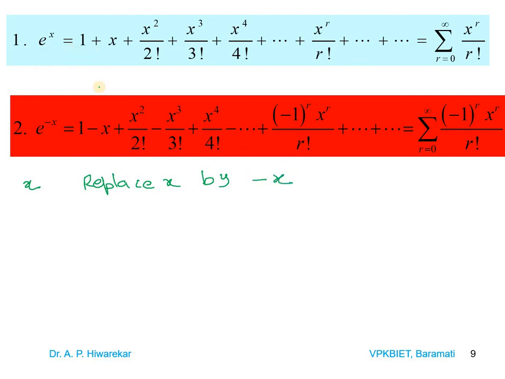So we get 1 minus x plus x square divided by 2 factorial, because minus x whole square is plus x square. Then minus x whole cube is minus x cube. So we get 1 minus x plus x square by 2 factorial minus x cube by 3 factorial plus x to the power 4 by 4 factorial and so on. So that is another expansion of a standard function, which is e power minus x. So remember these two formulas.